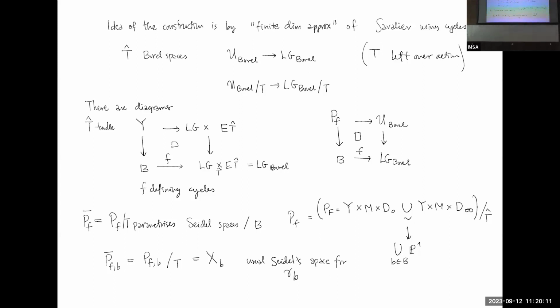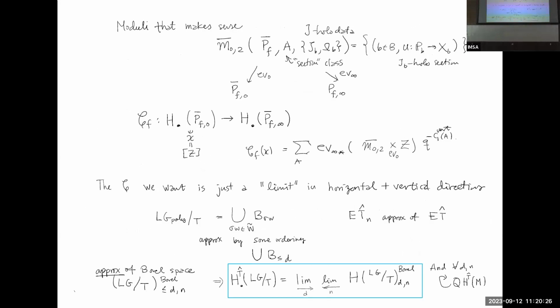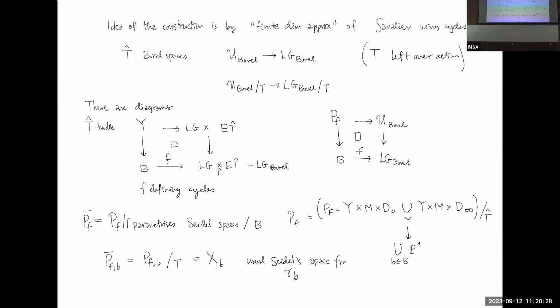And there's a more geometric description of this: EF is essentially this Seidel space of this universal space, but now of finite type, where instead of taking the whole of LG, you are taking this approximation to that thing. Okay. So this is where you do the geometry. So you eventually have to do the geometry in these things.